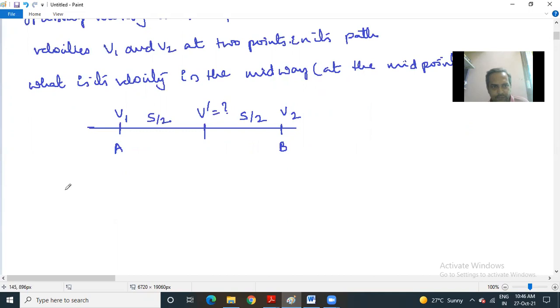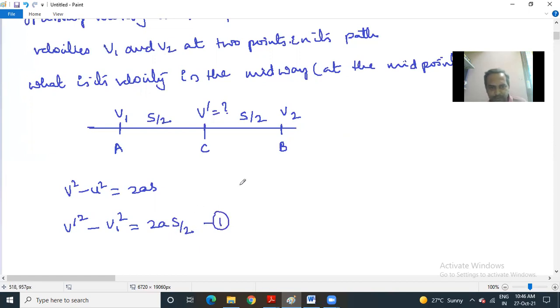Make use of v square minus u square is equal to 2as. Let us say this is point C. Applying this between the points A and C, now v dash is the final velocity, v1 is the initial velocity, 2a into half of the distance.